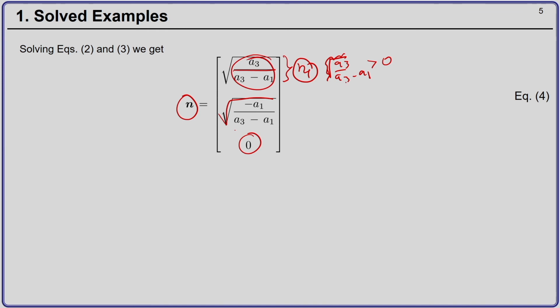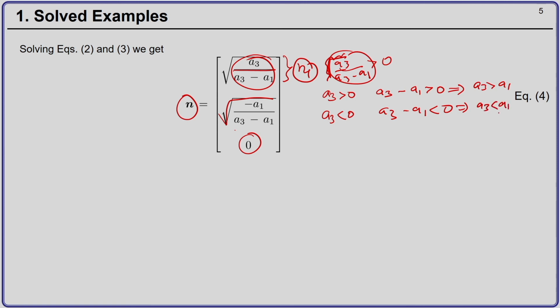There are 2 ways in which a3 upon a3 minus a1 can be greater than 0. The first, if a3 is greater than 0, then a3 minus a1 has to be greater than 0 for this ratio to be greater than 0. Now, if a3 is less than 0, then a3 minus a1 has to be less than 0. This implies a3 is greater than a1, and this implies a3 is less than a1.